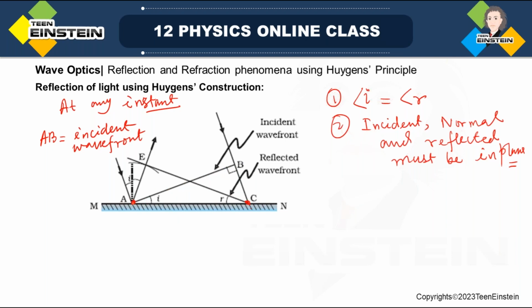So these secondary sources will produce wavefronts, right? I'm just taking the point A on this wavefront, which will produce a spherical wavefront. Suppose I'm seeing just after touching this.